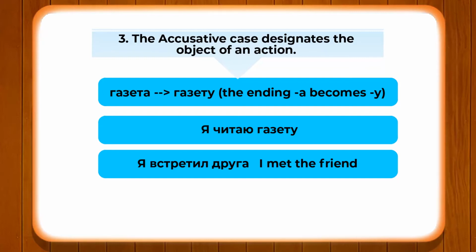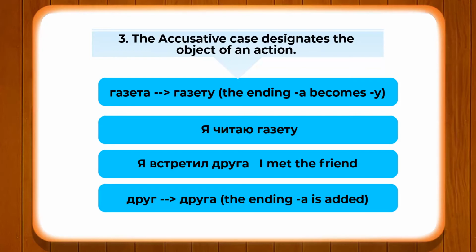Газета changes into газету, however друг changes into друга. So this is the basic fundamental of the accusative case. However, we need to remember all the important verbs like читать, встречать, etc. in order to understand and construct the correct sentence of an accusative case.